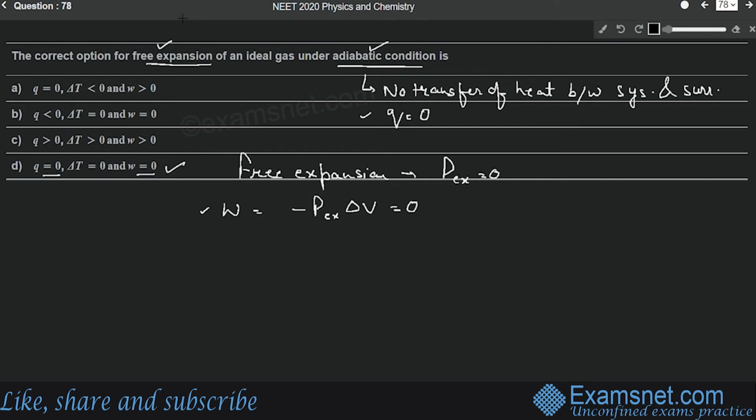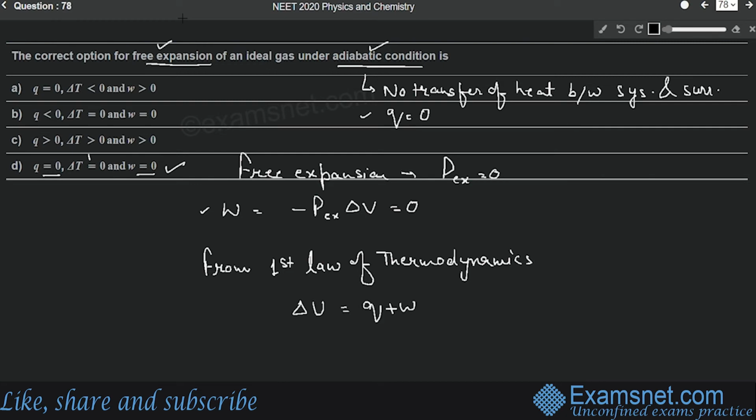Why is delta T given as 0? Let's see. We know that from the first law of thermodynamics, delta U, that means change in internal energy, is equal to Q plus W, where Q is the heat and W is the work done. So both are 0. That means delta U will also be 0. That means internal energy is constant.